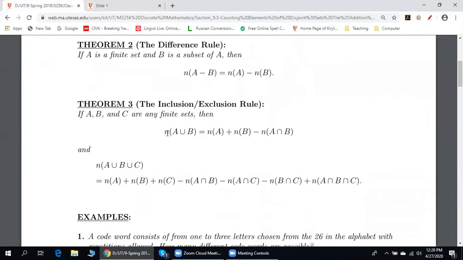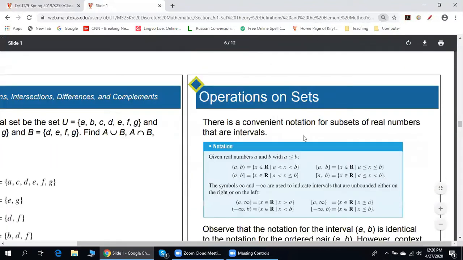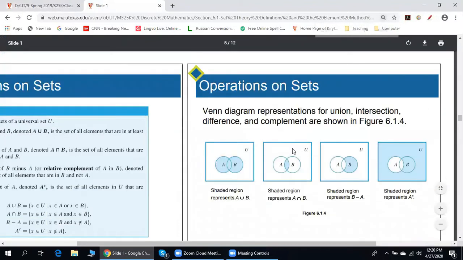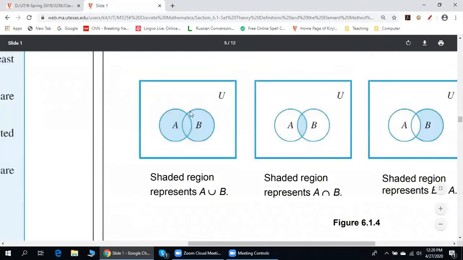Lastly, the number of elements in A union B is the number of elements in A plus the number of elements in B minus the number of elements in the intersection. Now let us go back to Venn diagrams. We are talking about the union. Here is the union, the whole shaded region.